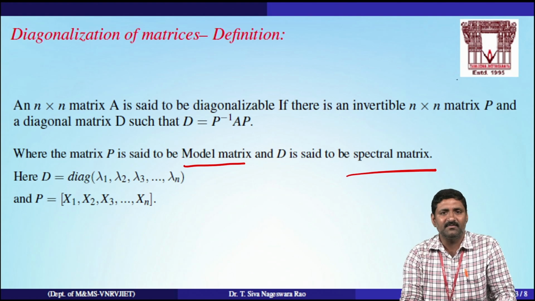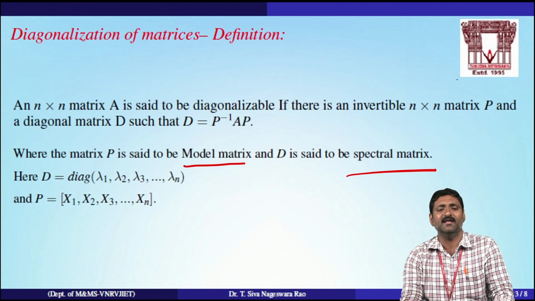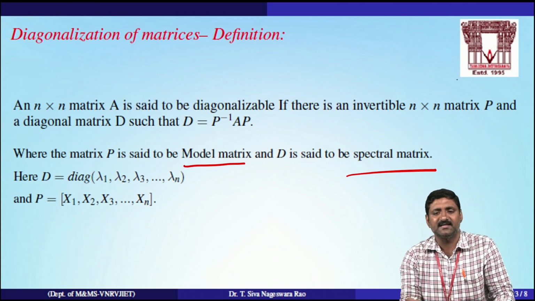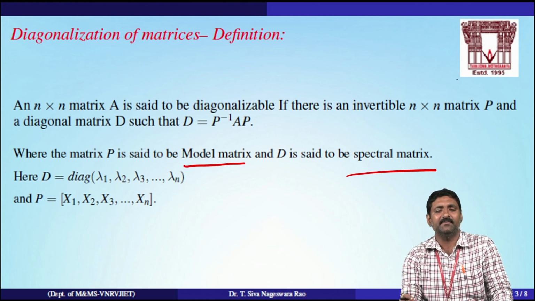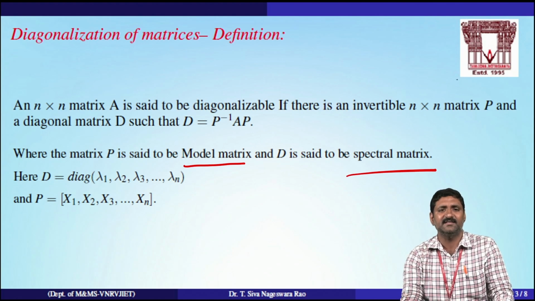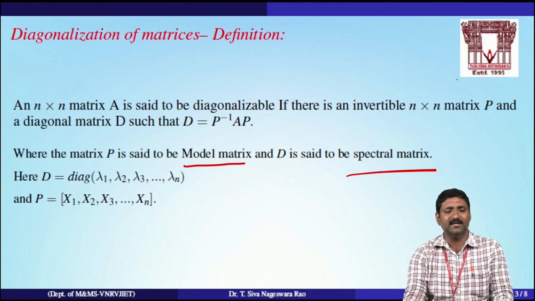Here, what is the beauty of capital D? Capital D is a diagonal matrix in which the diagonal elements are the eigenvalues of capital A. Here I am taking the generalized case, that is capital A is of order n by n, hence there exist n eigenvalues. What is capital P?